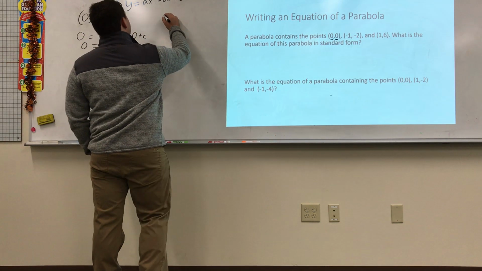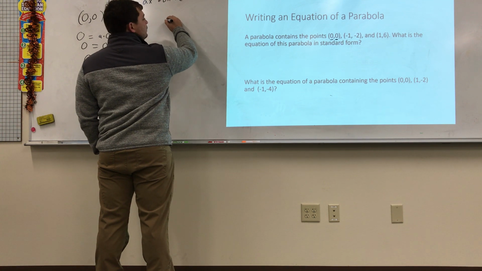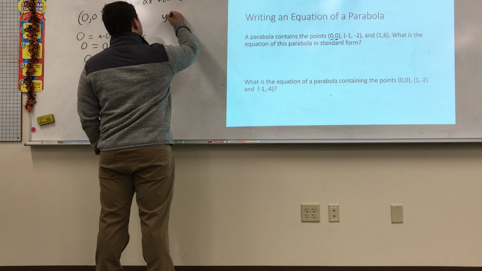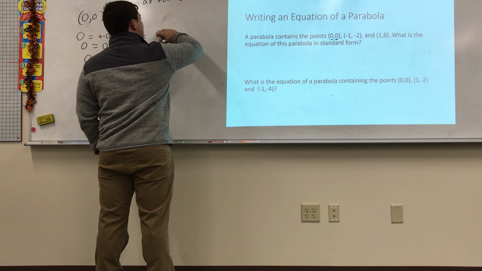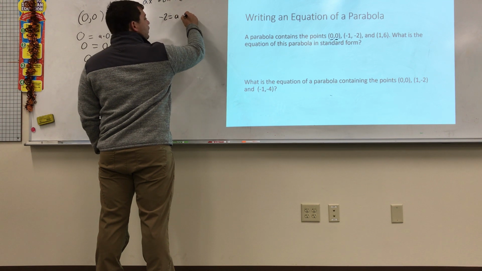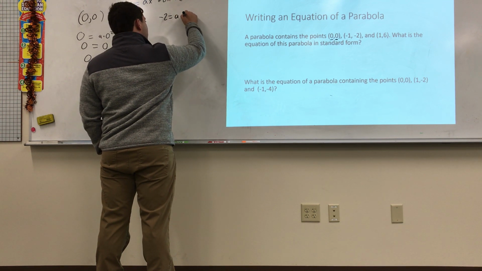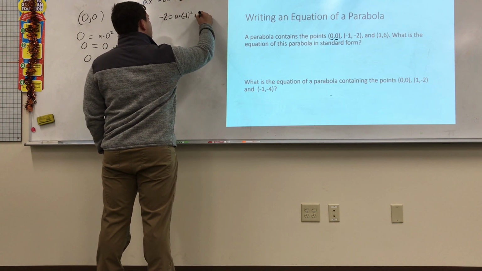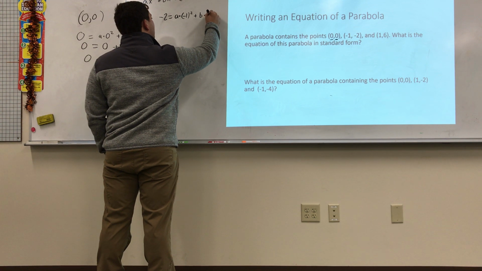Now, let's do it with (-1, -2). y, which is -2 in this case, equals a times -1 squared plus b times -1 plus c, which was 0.